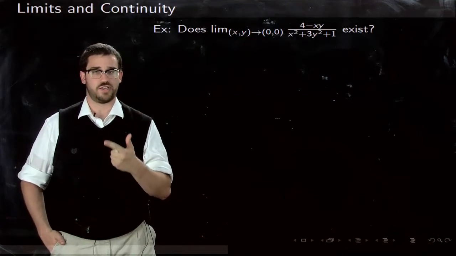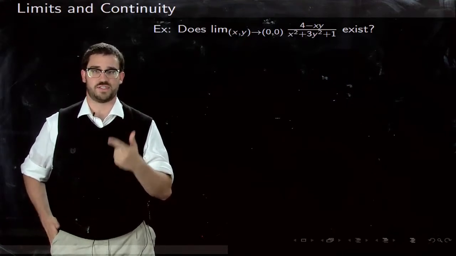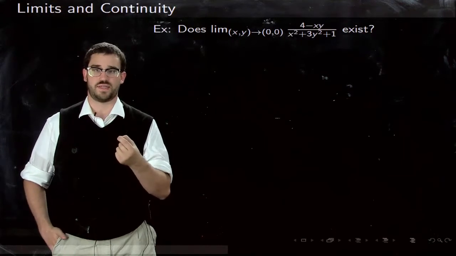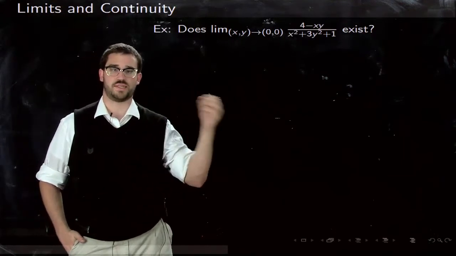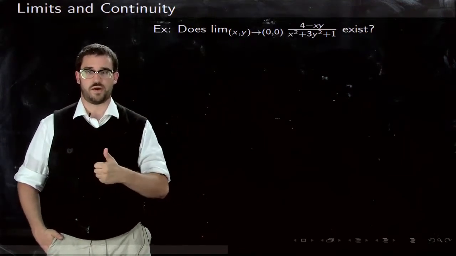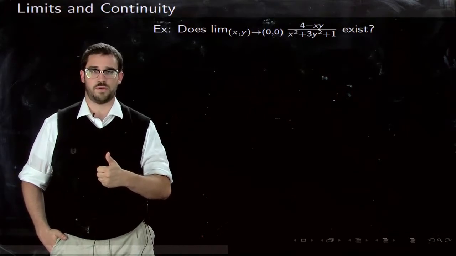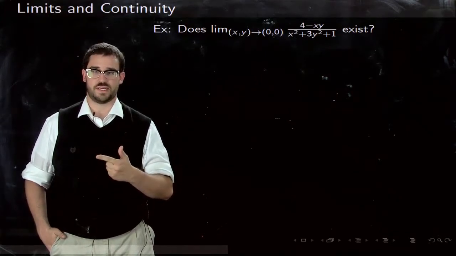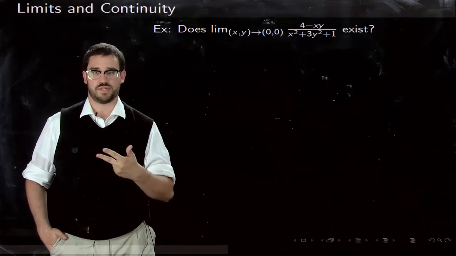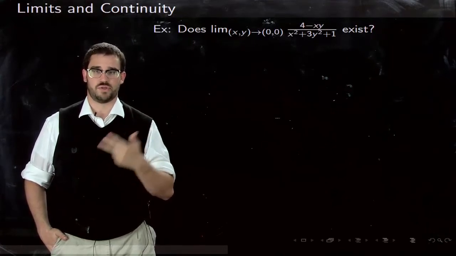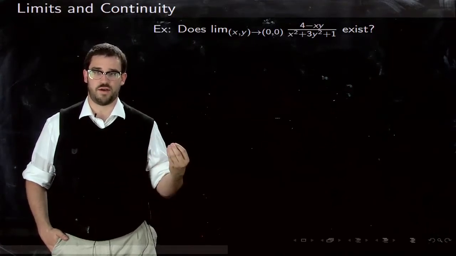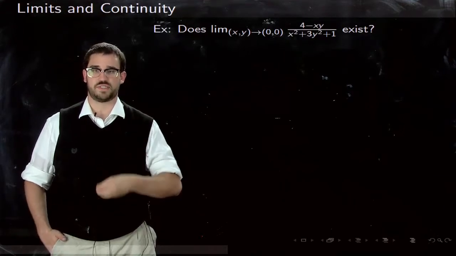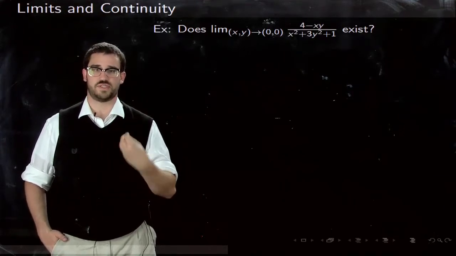The multiplication of continuous functions is continuous, so xy is continuous. So 4 minus xy is continuous. x squared is continuous because it's a polynomial. 3y squared is continuous because it's a polynomial. 1 is a polynomial, I guess, which is continuous. And the sum of them is continuous because the sum of continuous functions is continuous.